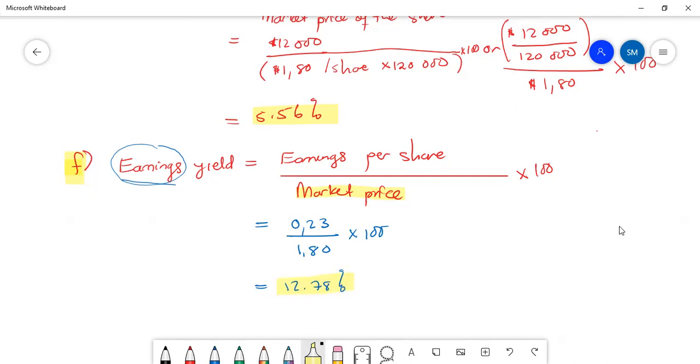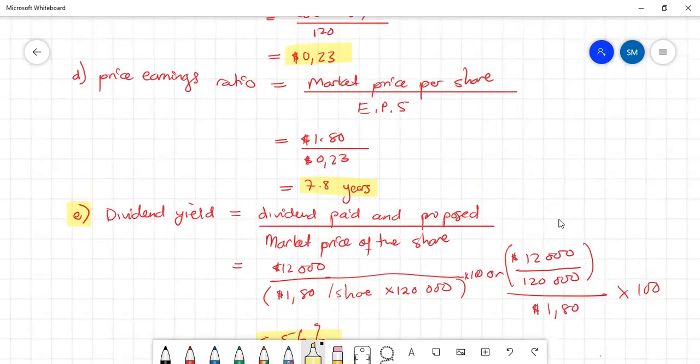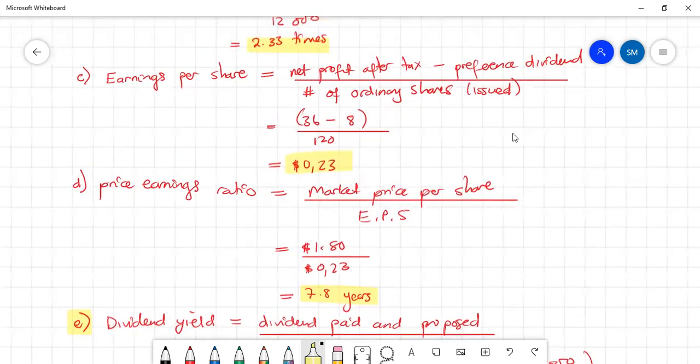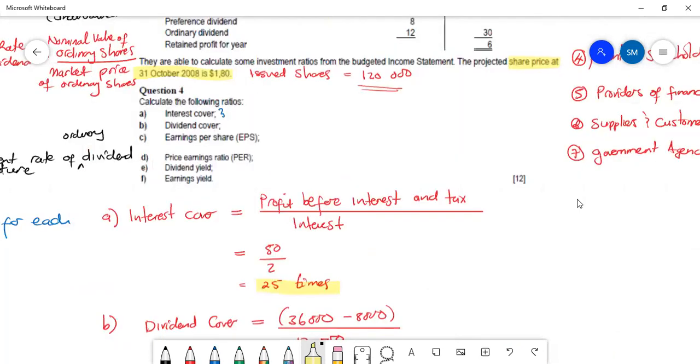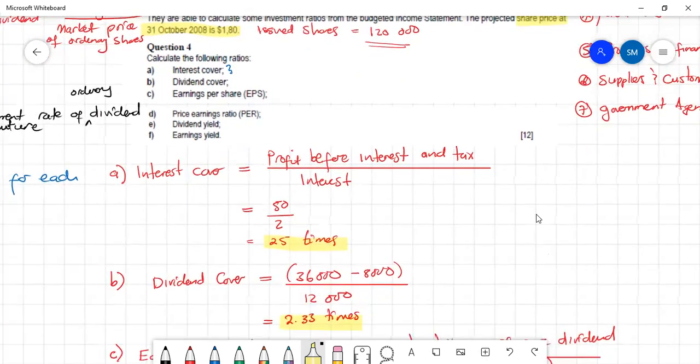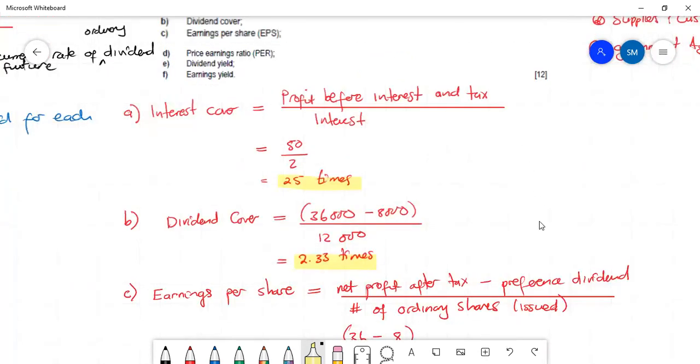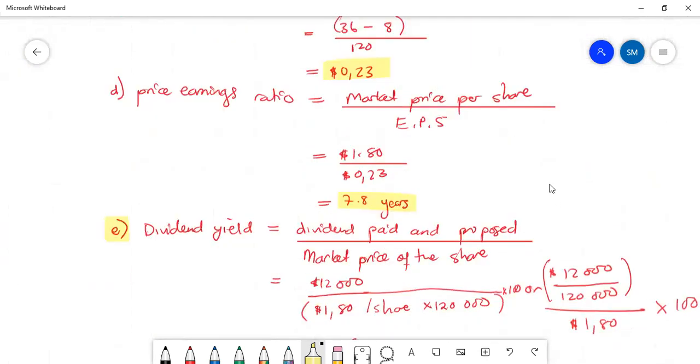So that becomes our answer, and that is, I guess, the last of it. That is how you attempt or answer these ratios. These are investment ratios. Yes, they are more difficult ratios, but if you get the concept, it becomes a bit easier. As in accounting, you are exposed to the number of questions that you attempt to answer.